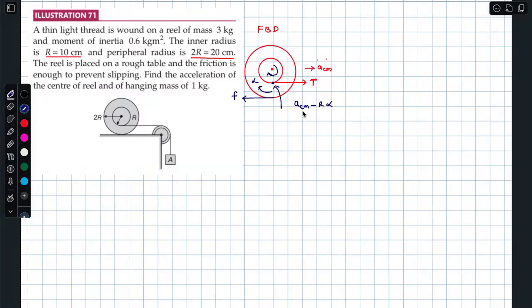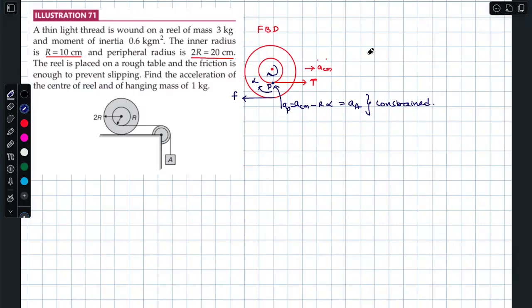This point, say P, will have an acceleration. So acceleration of P is ACM minus R alpha. Any doubt till this point? And this is the same as acceleration of A because of constrained motion. Right. Any doubt till this point?